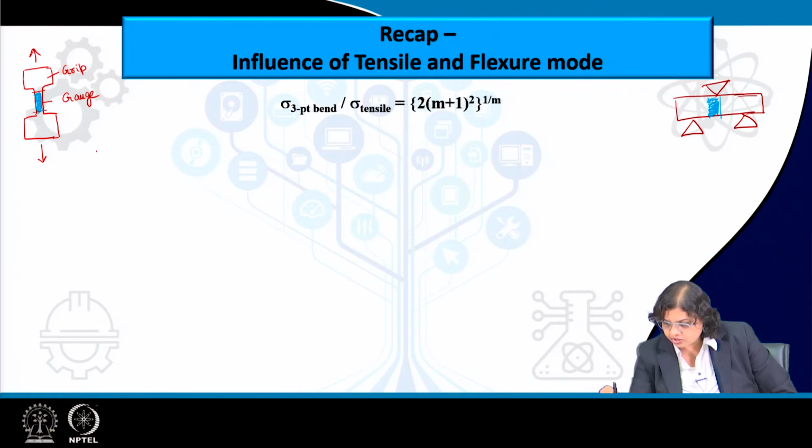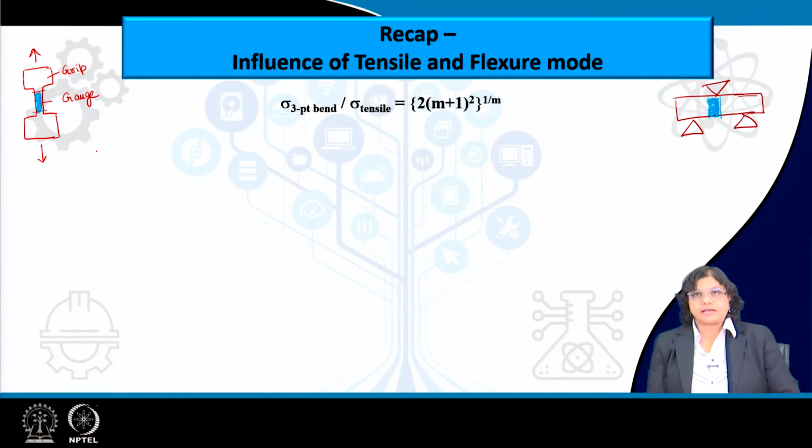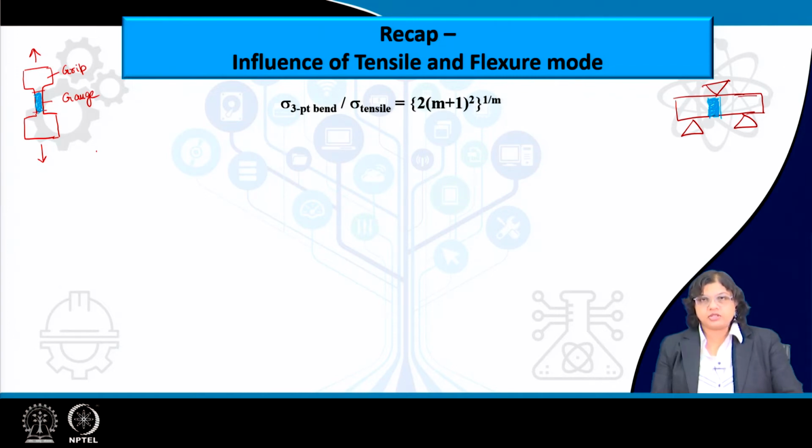So, only a smaller amount of material, or a smaller volume of the component, is under the influence of maximum stress, and as a result we have also seen that the higher the volume, the more the chances that one or a few of the defects which will be longer and sharper and oriented perpendicular to the loading direction can lead to fracture. So, eventually we end up having higher fracture strength under flexural loading compared to that under tensile loading, and this is again particularly valid for brittle materials.